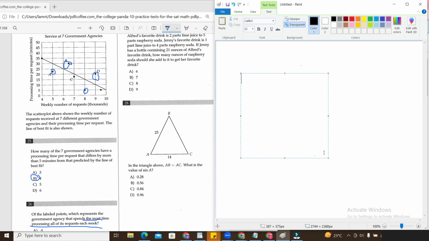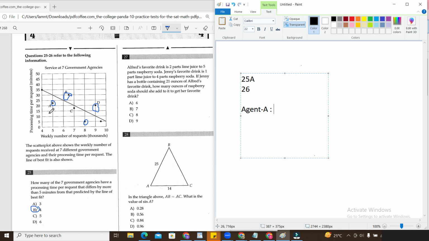So first of all, 25 is A, 26. For agency A, the time is about 22.5 minutes per request, times 5 requests per week, let's say 5. Agency B, okay, how many?